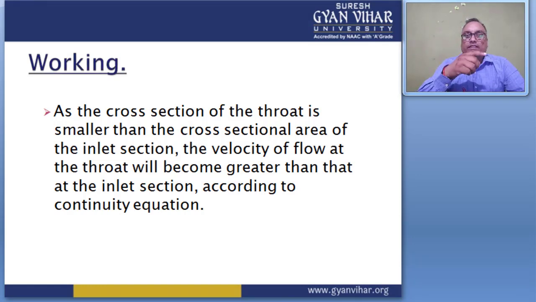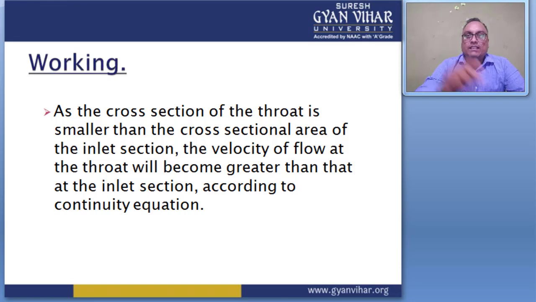This H directly gives the pressure difference, meaning P2 minus P1, the pressure at section 1 and pressure at section 2, and this P2 minus P1 is calculated by the rho g h formula. For the discharge of this venturimeter, we use the formula Q equals Cd A1 A2 divided by the square root of A1 square minus A2 square, into the square root of 2gH.